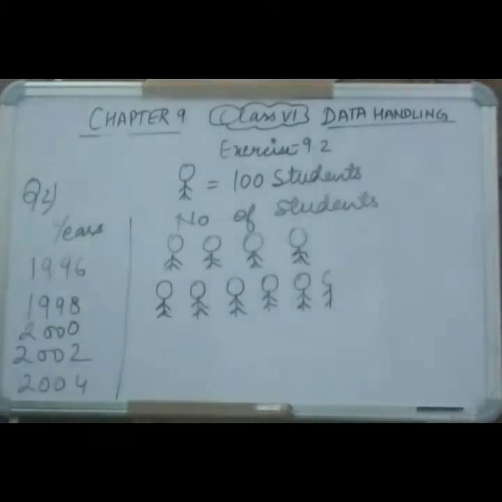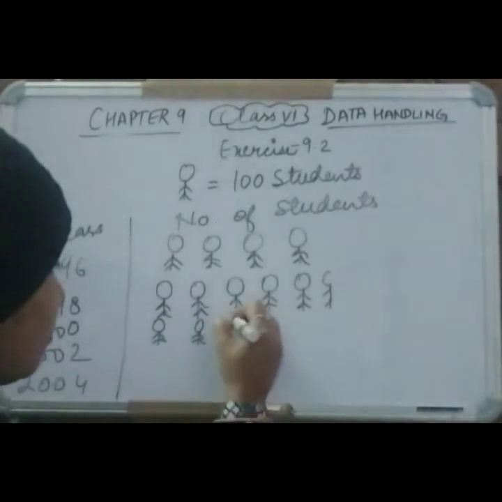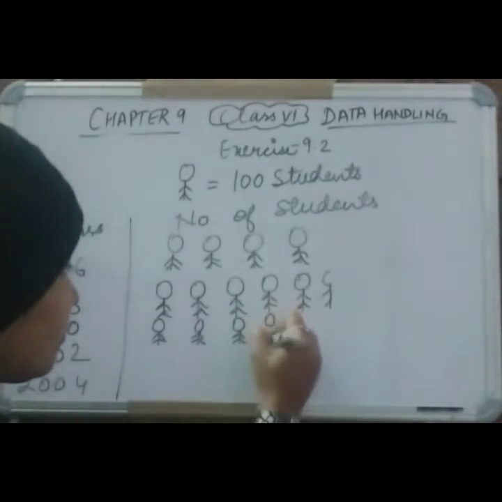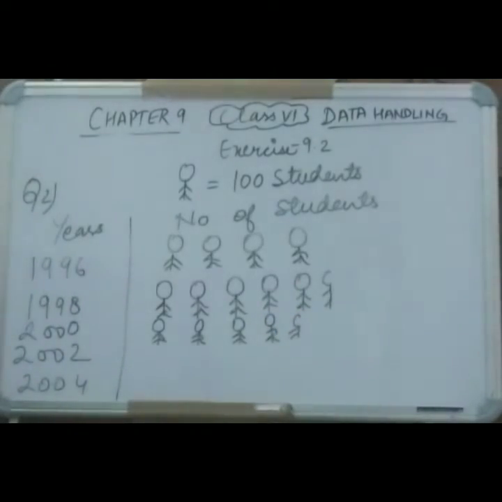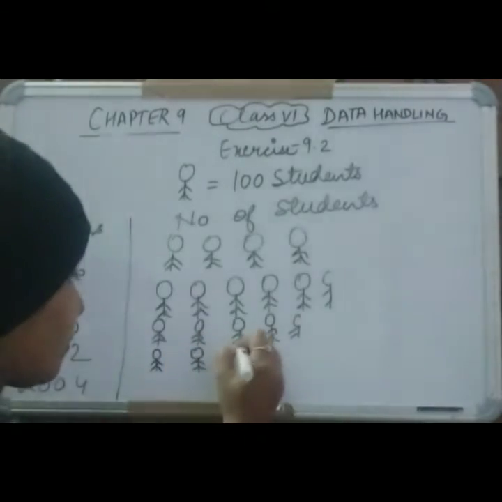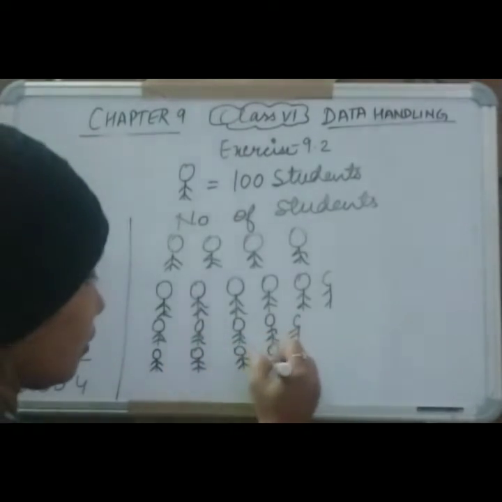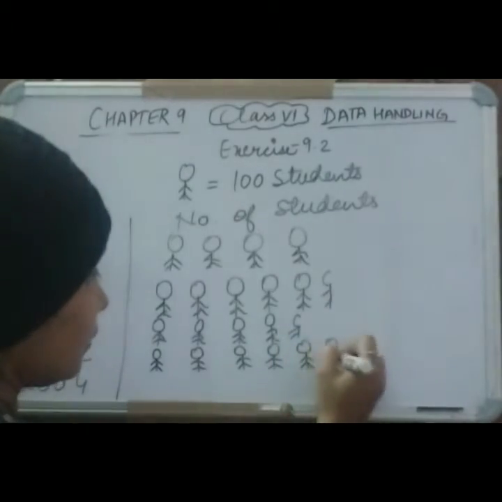Now next is 2000. In 2000 it is 472. Again 4 complete symbols and 1 incomplete symbol. And 2002 is 600, means 6 symbols: 1, 2, 3, 4, 5 and 6.